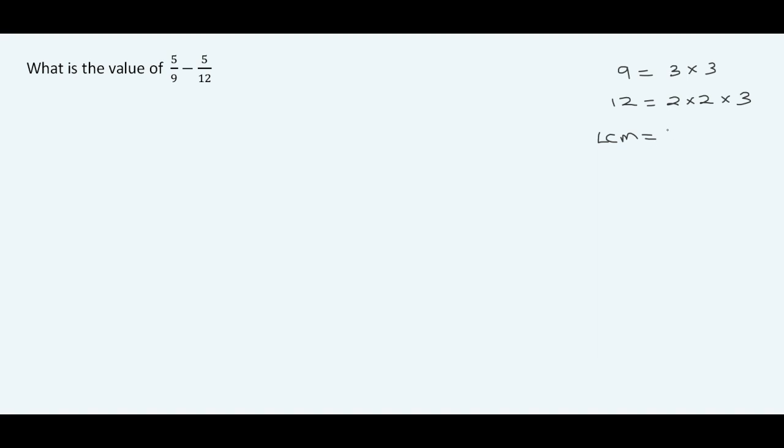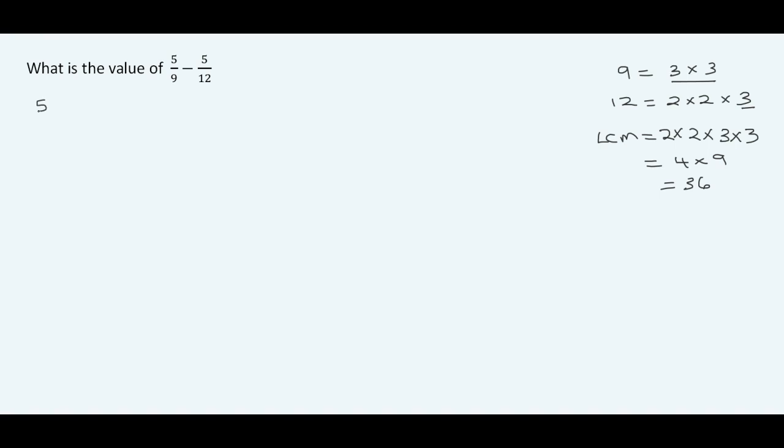We have 2, and there are only 2 of them, so we pick that. But we have 3 also. Here we have 1, here we have 2. We're going to pick the one that occurs the most. So this is going to give us 4 times 9, which is equal to 36.